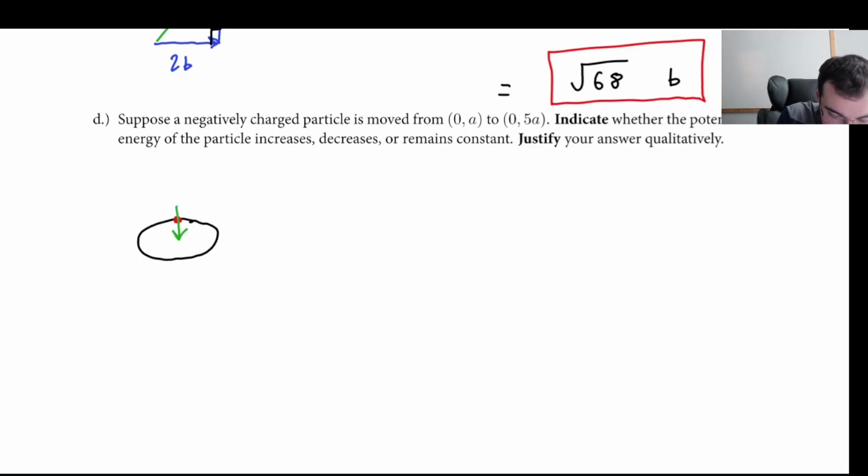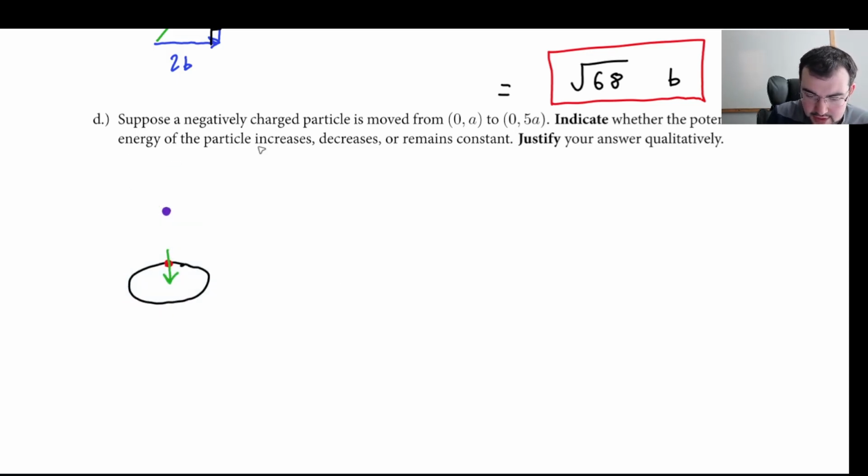And we know that the E field pointed down at that point. So if I take a negative charge and move it somewhere up here, we're asking how that changes the potential energy of the particle.